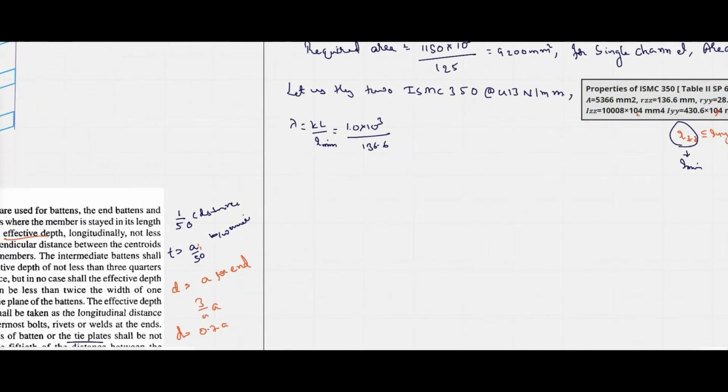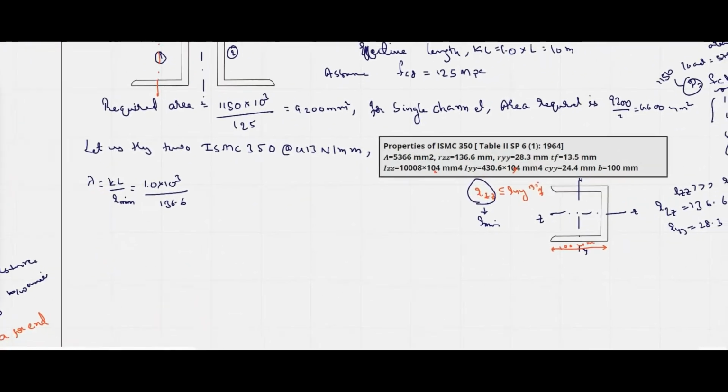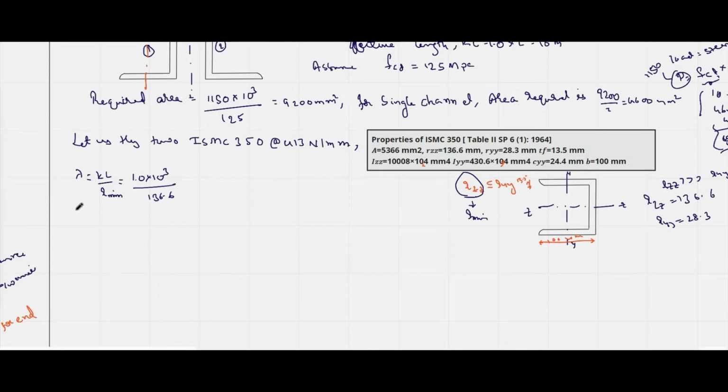In this case, we are increasing the slenderness ratio by 10%. So, effective slenderness ratio is given as 1.1 times 1 into 10 cube by 136.6, which will be around 80.53. This is less than 180, hence it is safe in overall buckling. This section is safe in overall buckling.